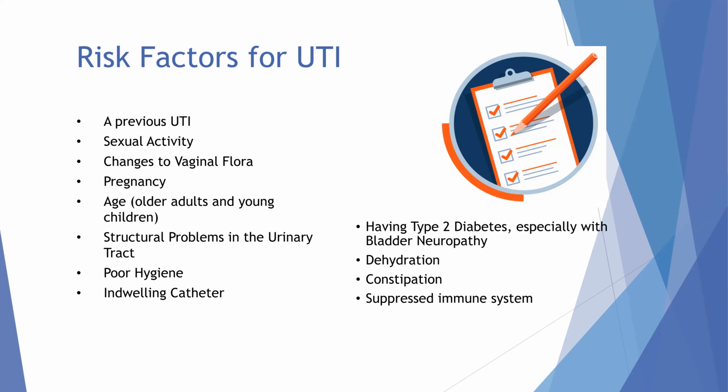Again, using a catheter, or having type 2 diabetes, especially if there's some nerve damage that causes bladder neuropathy, makes those individuals 5 times higher risk of having a UTI because their bladder isn't emptying completely, but also they have a lot of sugar in their urine if their blood sugars are not well controlled. And sugar promotes bacteria growth.